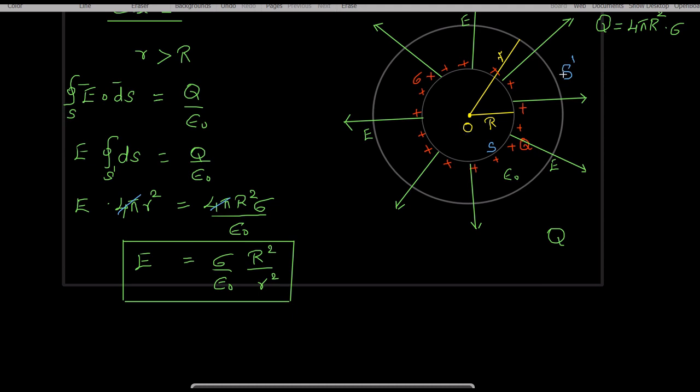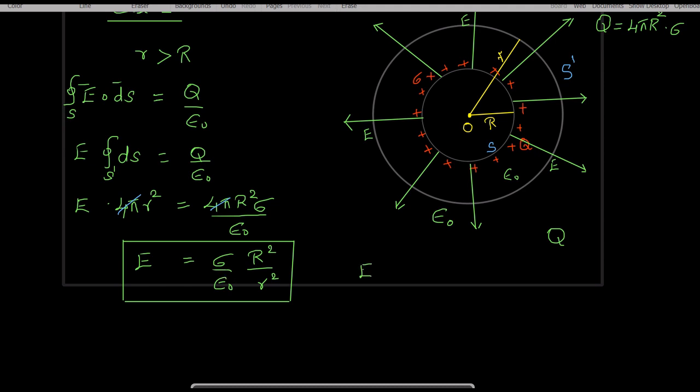outside the shell. At any point outside, electric field depends on the radius of the spherical shell and the distance of the point from the center of the spherical shell. If we imagine the system is placed in vacuum medium or free space, permittivity is absolute permittivity epsilon naught and sigma is the charge density.